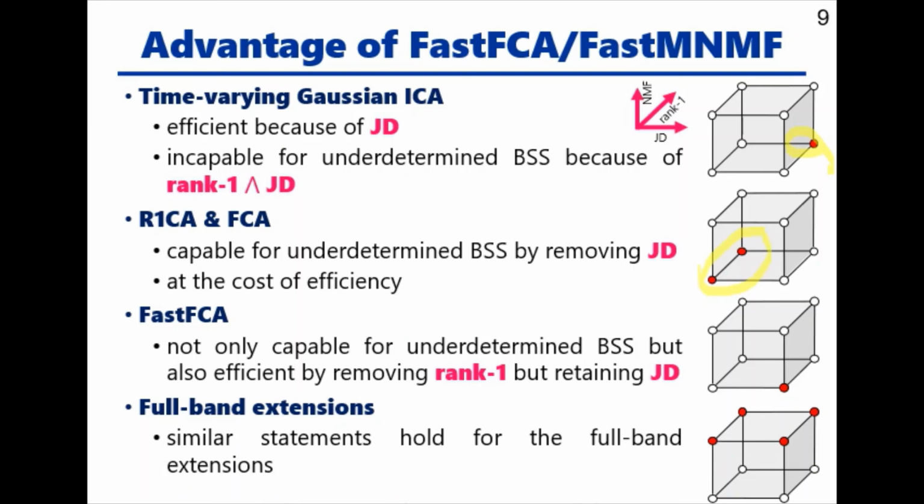In contrast, FastFCA, located here, is not only capable for underdetermined BSS, but also efficient by removing the rank 1 constraint but retaining the JD constraint. Similar statements hold for the full-band extensions located here.